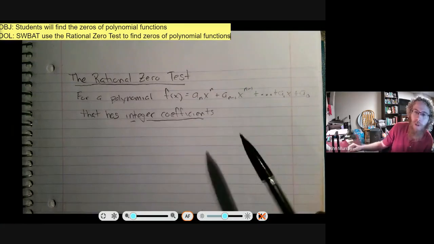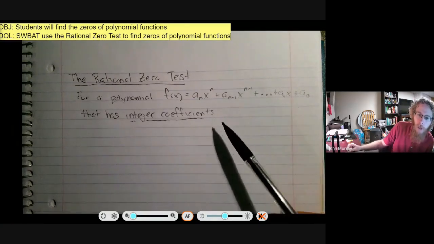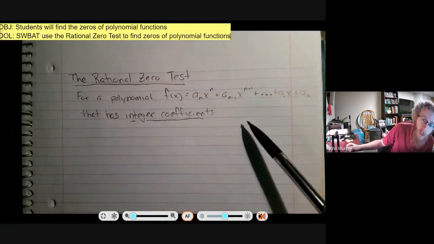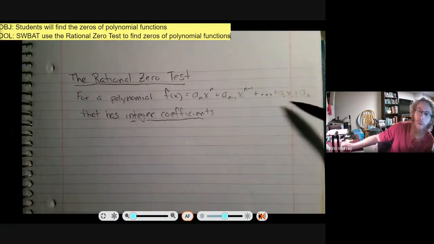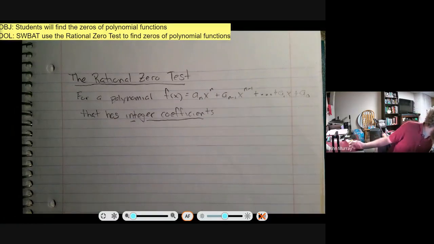It has to have integer coefficients. So again, going back to numbers, integers are whole numbers, that also include negatives. So you can't have fractions, you can't have square roots, as long as they're only whole number coefficients.